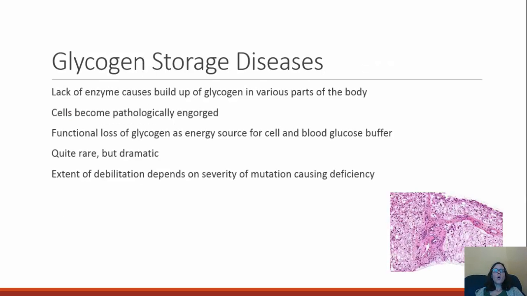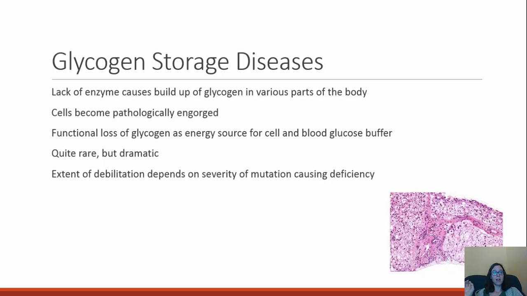Lack of the enzymes that we talked about for breaking down glycogen can cause the buildup of glycogen in various parts of the body. When we can't break down glycogen, these glycogen molecules can become enormously large, and the inability to degrade them can make the cells engorged.